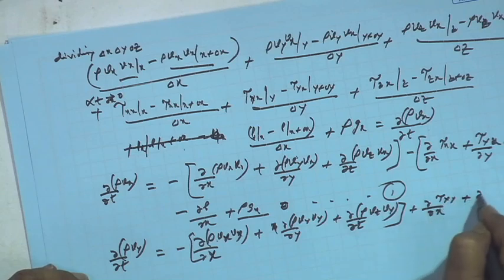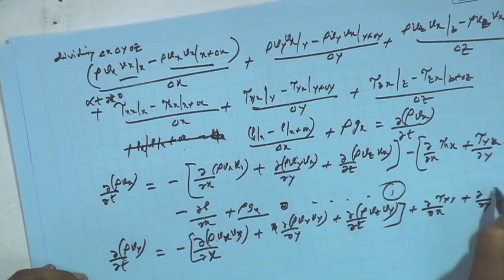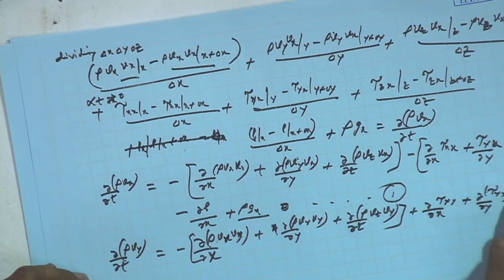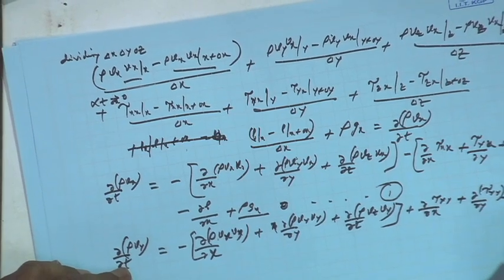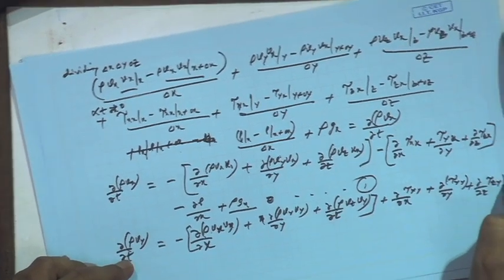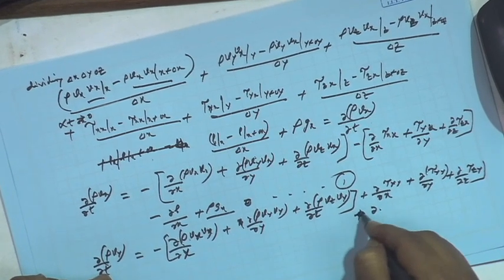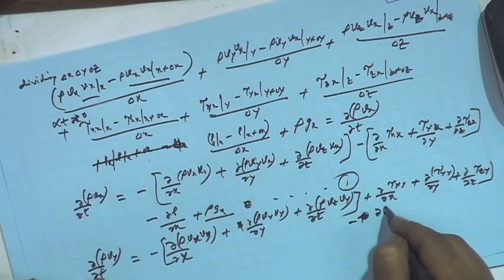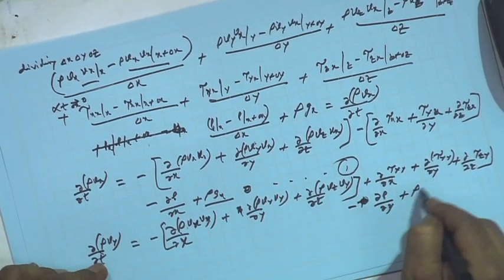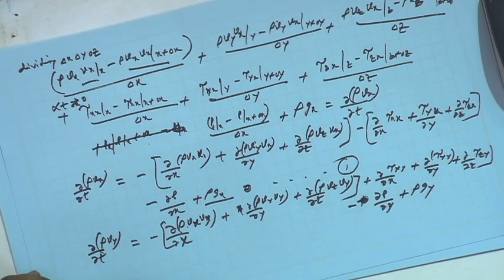Plus that ∂p, or rather here it will be minus because by definition, so minus ∂p/∂y plus ρg_y.